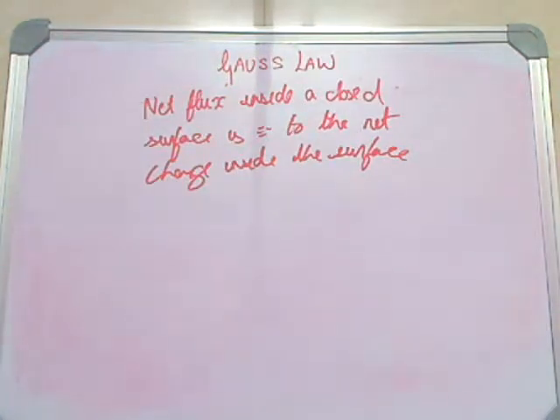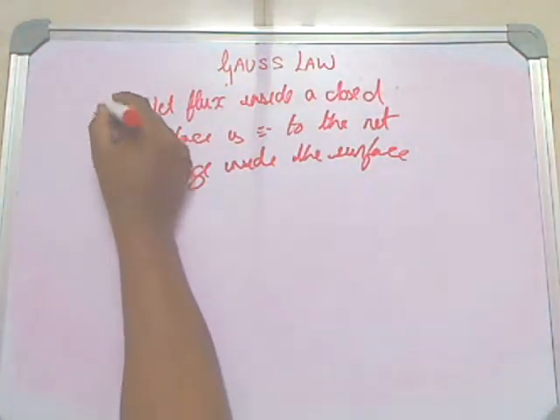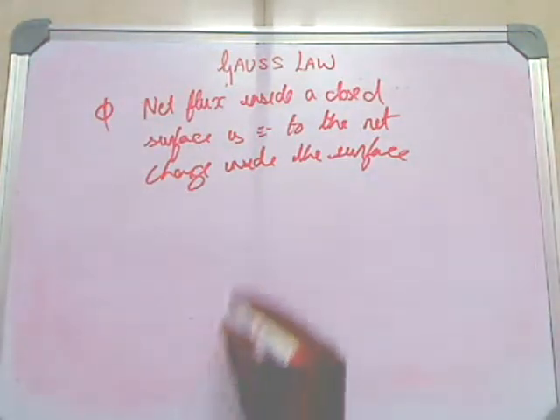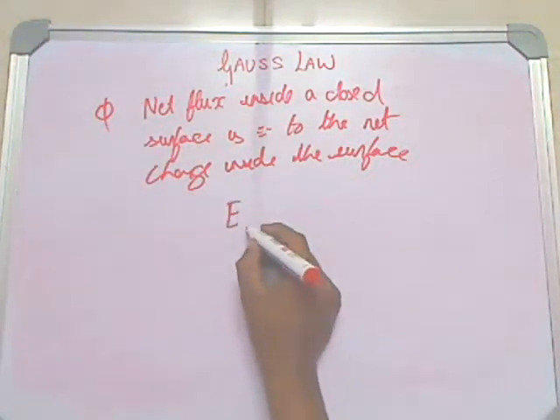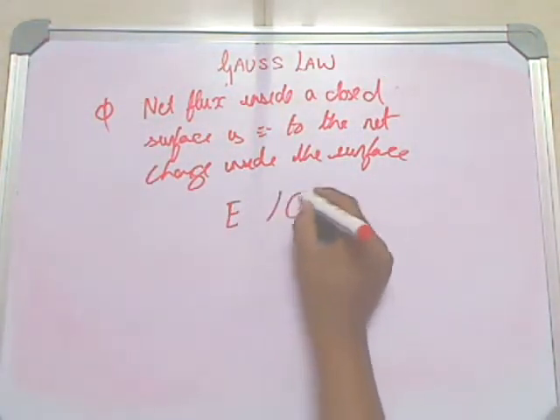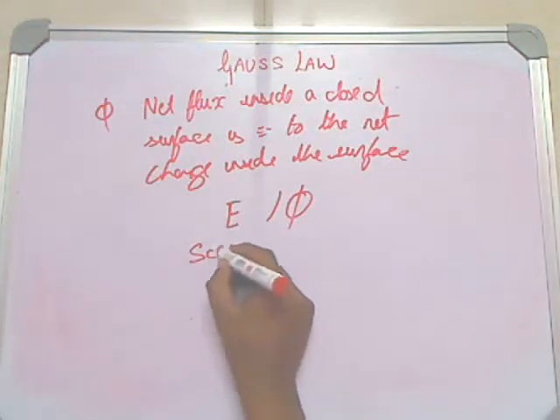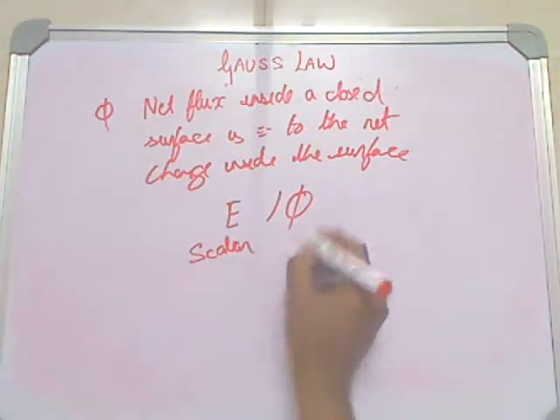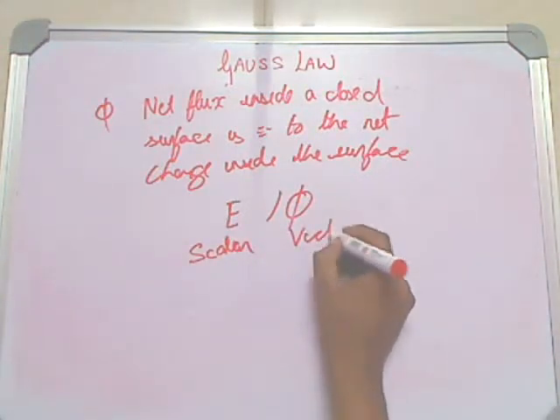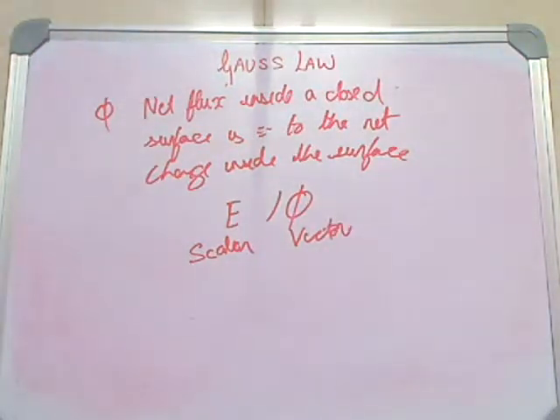Now, let's try and understand what flux actually is. There are two concepts here, electric field and electric flux. Now, electric field happens to be a scalar quantity. Flux, on the other hand, happens to be a vector quantity. Okay.